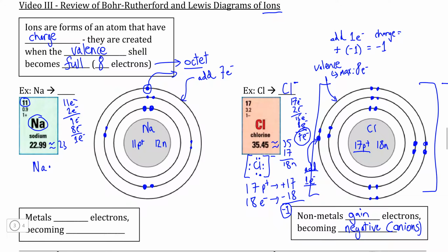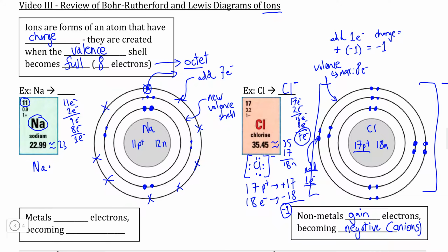Now, if it gives away this electron, because electron shells are not actually a physical structure, but just space where electrons are located, that means that if this valence electron is not here, the third shell is no longer there anymore, meaning that the outermost shell of sodium is actually the second shell, which is now the new valence shell.